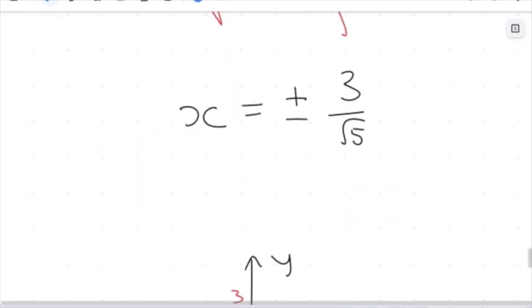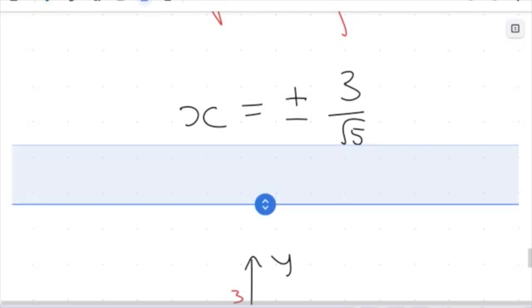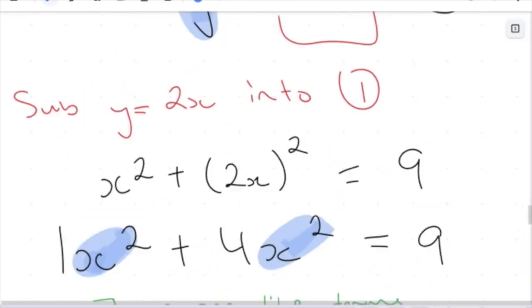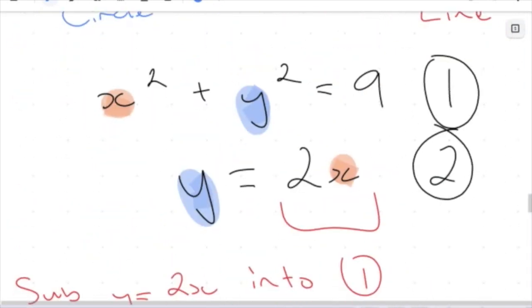So once I have these two values of x, I need to find the value of y. So I'm going to substitute my value of x into either equation 1 or equation 2 to get a value for y. Now remember, we want to always go with the path of least resistance, the simpler of the two equations, because it makes our lives easier.